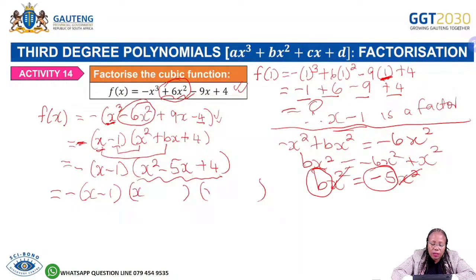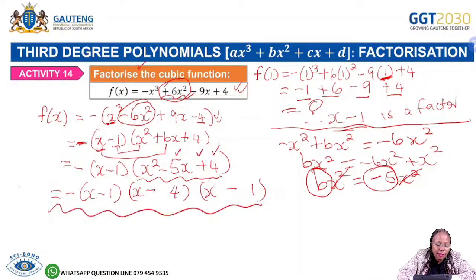It will be x into x, factors of 4. When you add, you get a 5. That will be 4 times 1. To get a negative 5, they must both be negative, so that it can be minus 4 minus 1, of which is minus 5. So we are just factorizing grade 12. Therefore, these are the factors for that particular polynomial.